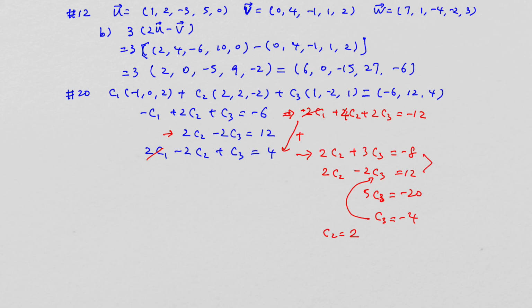And then I put C2 and C3 into the first equation and get C1, or you can put them in the third equation also. C1 comes out equal to 6. So that means I need 6 of this vector, 2 of this vector, and then take away 4 of this vector, and I will get this new vector. That's what that means. So that's for today's lesson, 3.1.